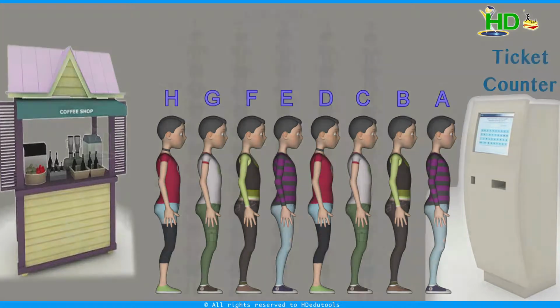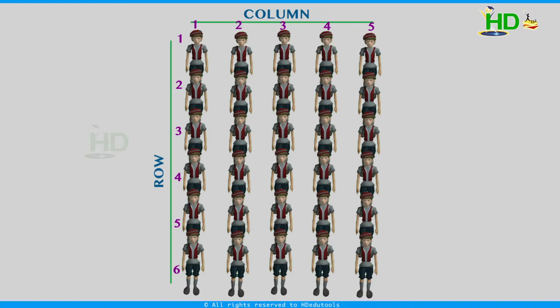Now let us discuss another example. Here some students are assembled. Now you take this person. This person is standing in the second column and in the fourth row. Similarly, the position of this person is second column, fourth row. Now what about this person? Yes, he is in third row, second column.